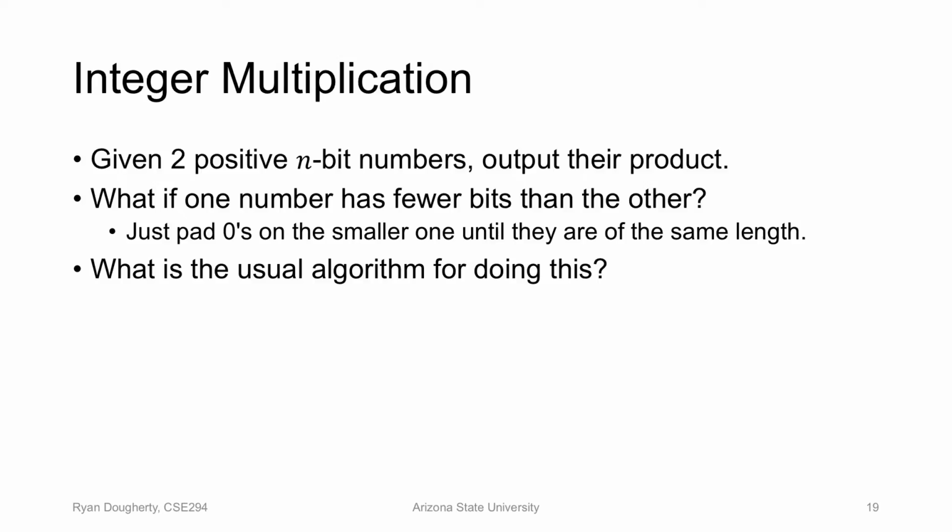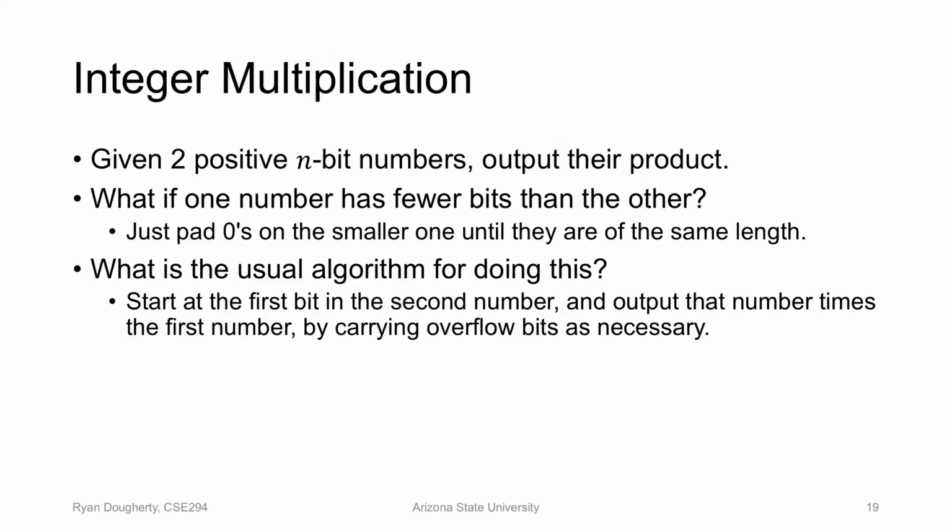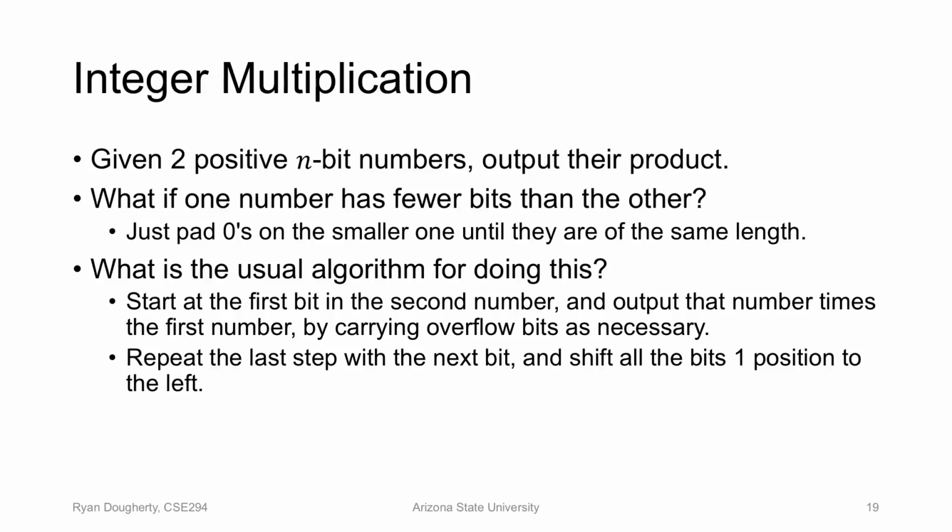Right. So you list both numbers, look at the second number, and look at each bit in order. Let's just look at the first one. Multiply that big number by this one digit, then write that number down. Look at the second digit, do the same thing, but move everything one position. Keep going until you get to the very end of the second number. So we look at the first bit in the second number, then output that bit times the first number, adding overflow bits if necessary, but that's a constant amount of extra bits.